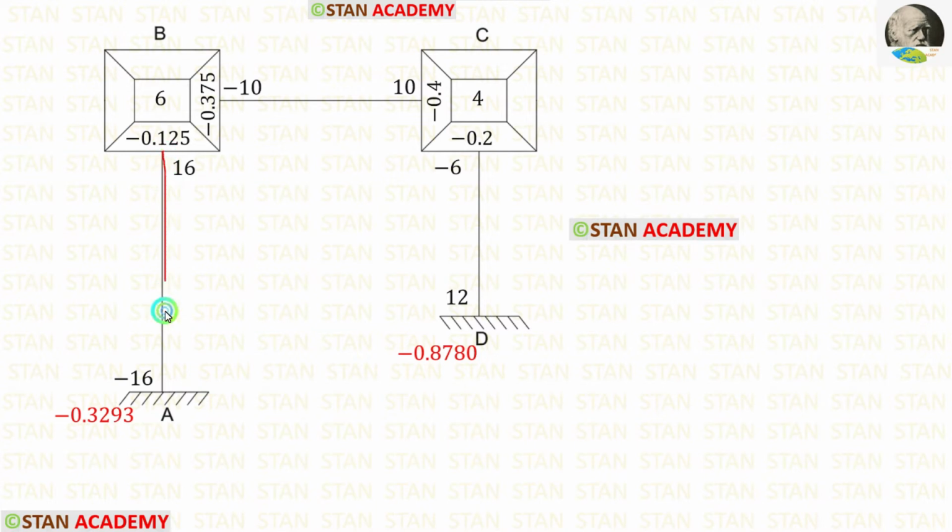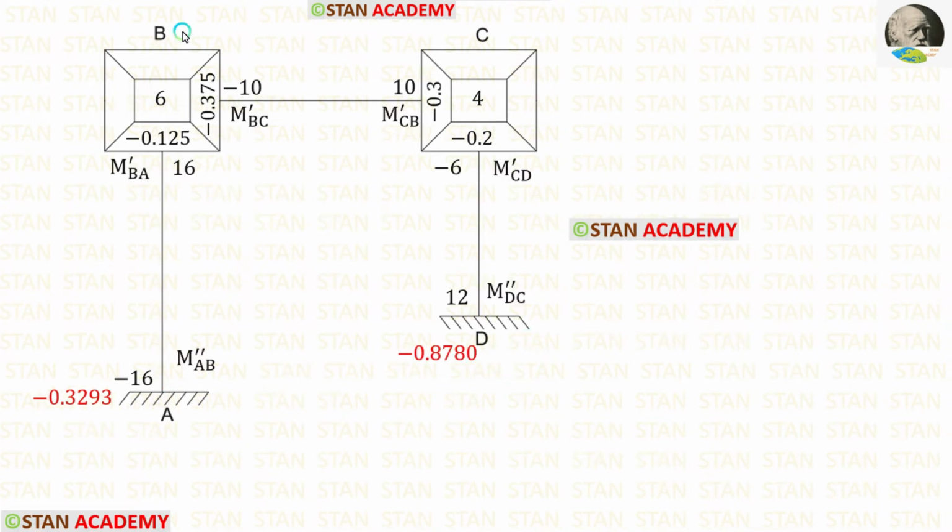For the column BA, the displacement factor is minus 0.3293, and for the column CD, the displacement factor is minus 0.8780. In the Kani's method, in the joints, we have to find the rotation contributions. In the joint B, there are two rotation contributions, M'BA and M'BC.